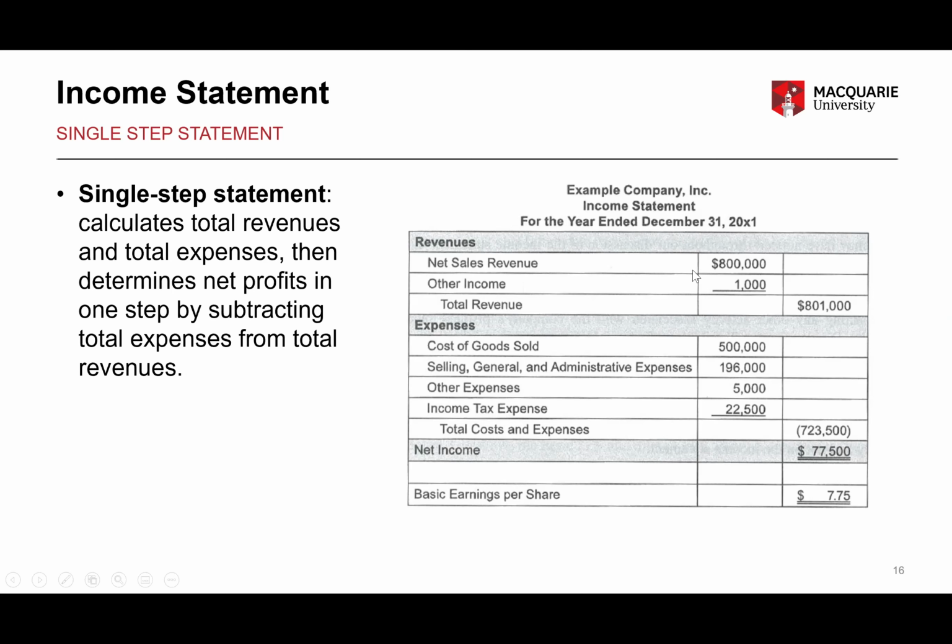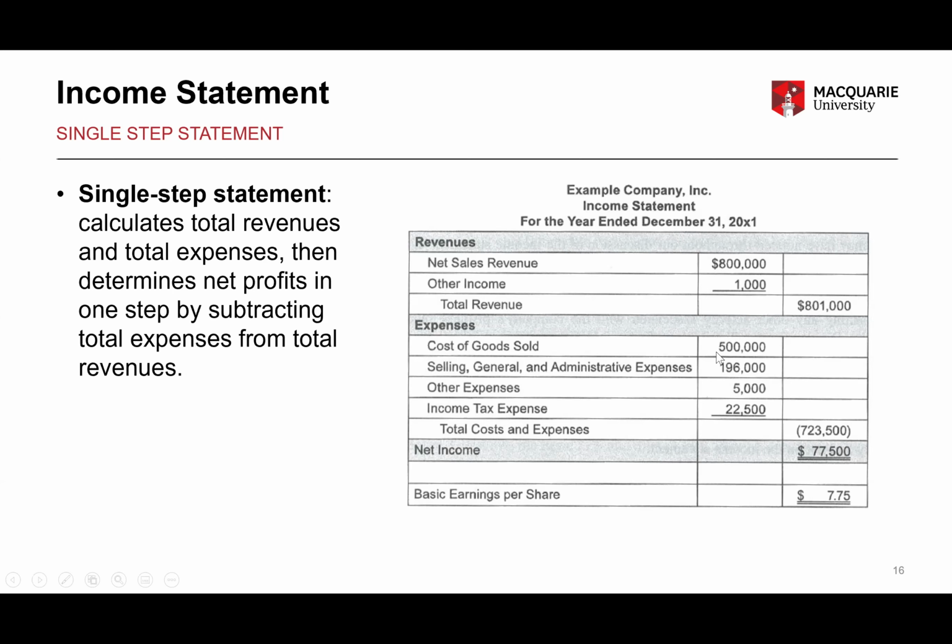So you can see this business had sales revenue being its main form of revenue, but also other income as well, which could have been rental income if they're renting out property, or it could be interest income from their investments. So that gives us total revenue. Then there are some expenses.